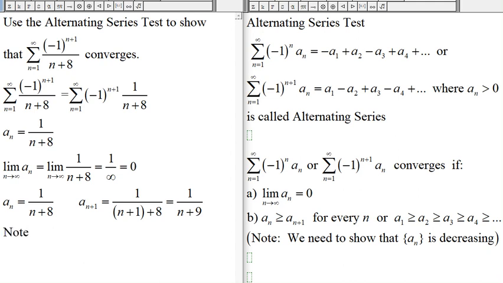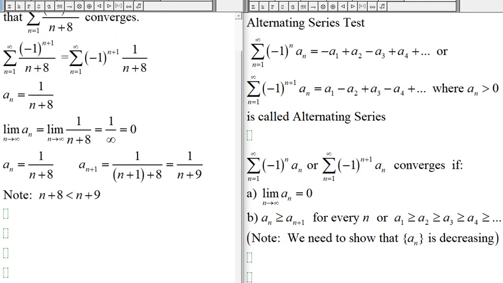Now, n plus 8 is less than n plus 9. And so if we take the reciprocal of both sides of the inequality, then we get 1 over n plus 8 will be greater than 1 over n plus 9.